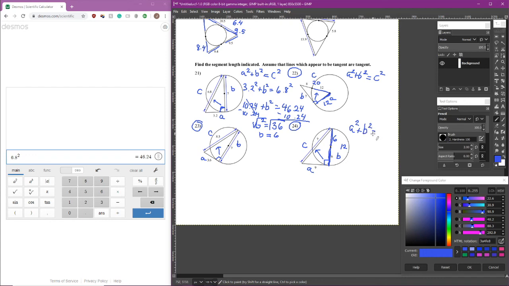So instead of subtracting, you'll end up adding these together, then taking the square root to find C. Okay. All right, everybody, good luck.